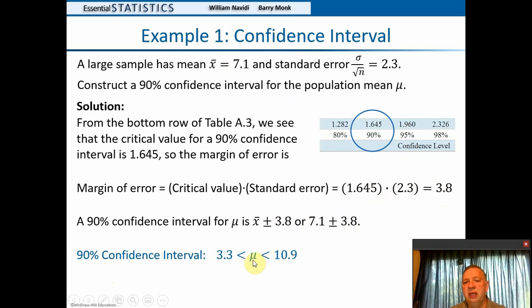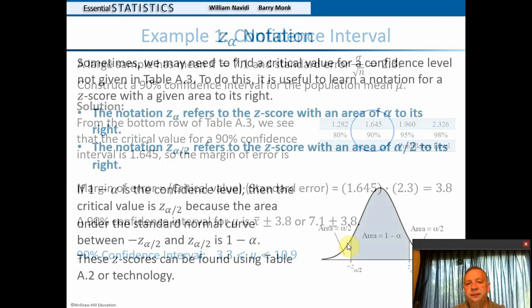So the population mean is squeezed between 3.3 and 10.9. And we would communicate it by saying with 90% confidence, we can say that the true mean mu lies between 3.3 and 10.9.